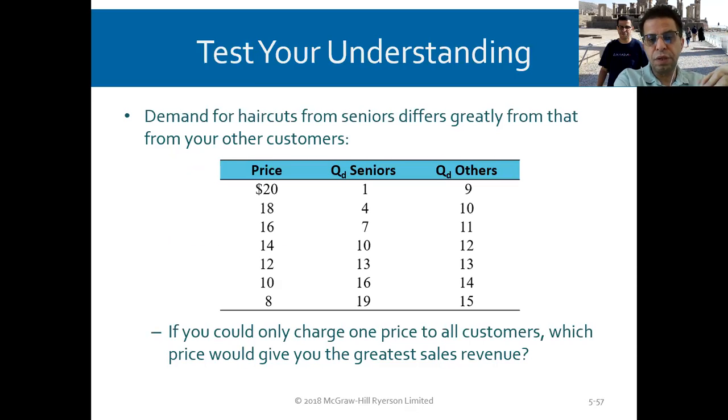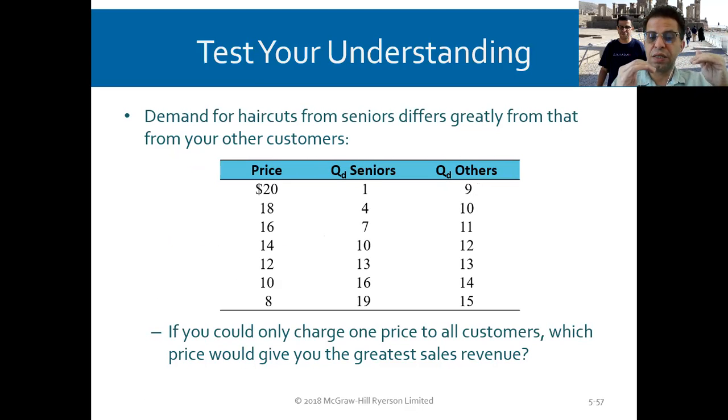So demand for a haircut from a senior differs greatly from that of other customers. And QD is the quantity demanded by seniors. If the price is 20, one senior will come in and have a haircut, and 9 juniors will come in for a haircut.